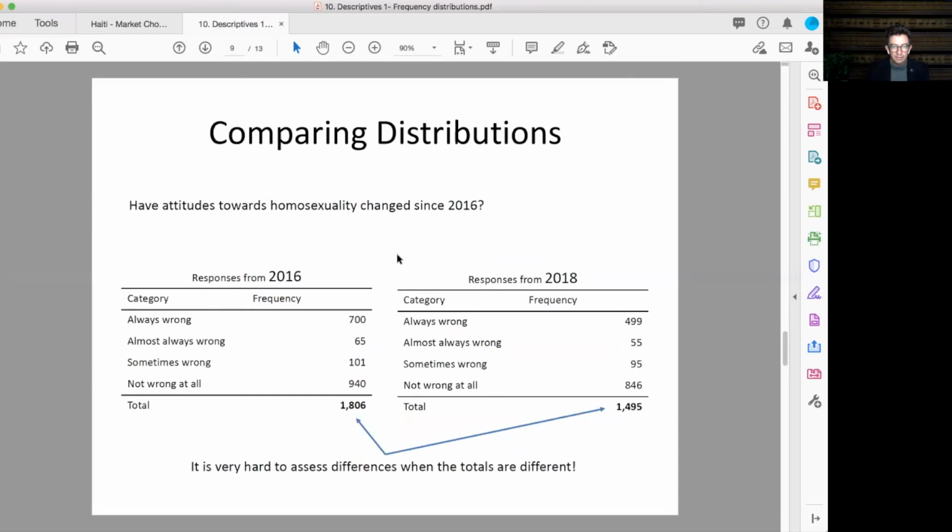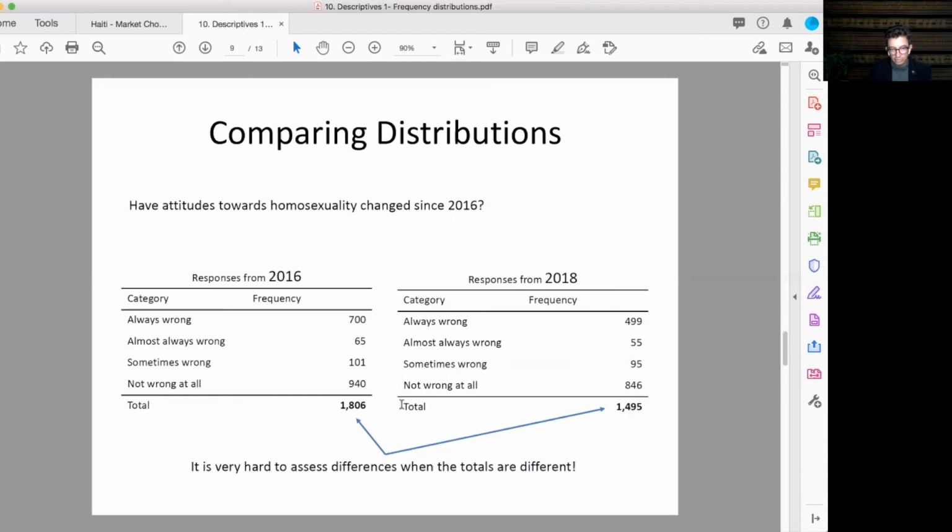For example, here, for that same question, we know that in 2016, 1,806 people responded to the survey for that question. And this is the absolute frequency distribution. For 2018, as we saw, 1,495 respondents answered that question.